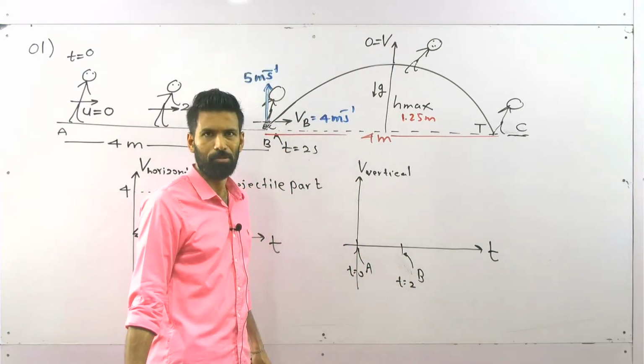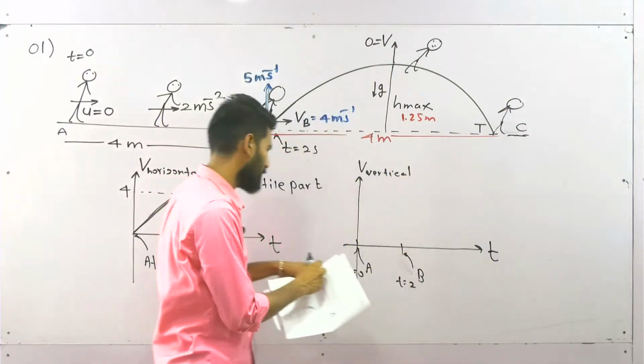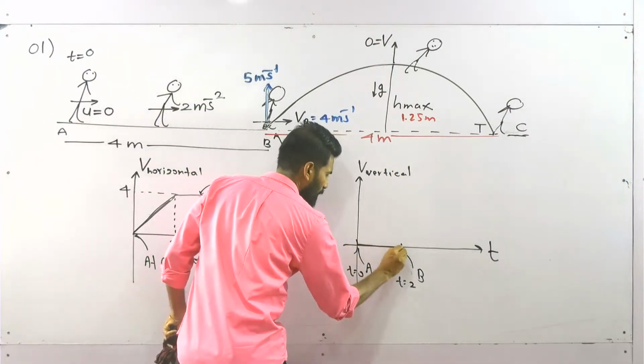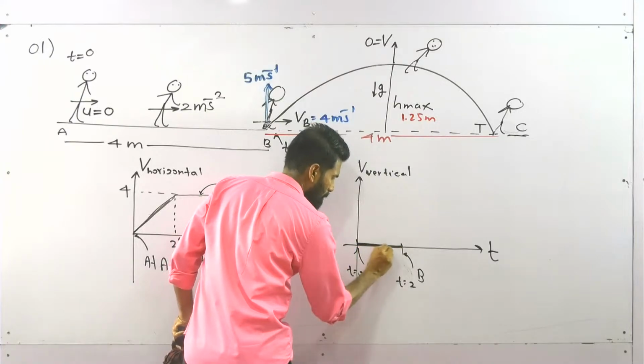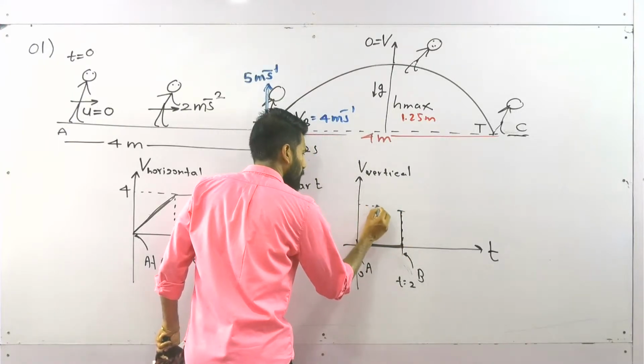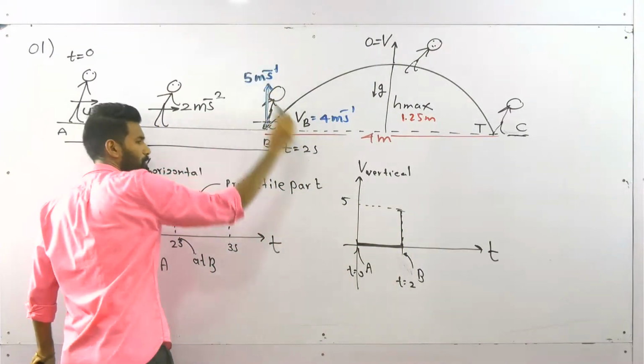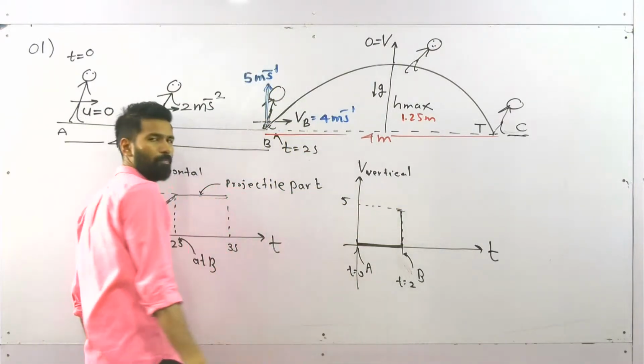She is running horizontally, so there's no vertical component. The vertical component is 0. After that, suddenly what happens? She gains a velocity component of 5 at her jumping point. So suddenly it becomes 5.